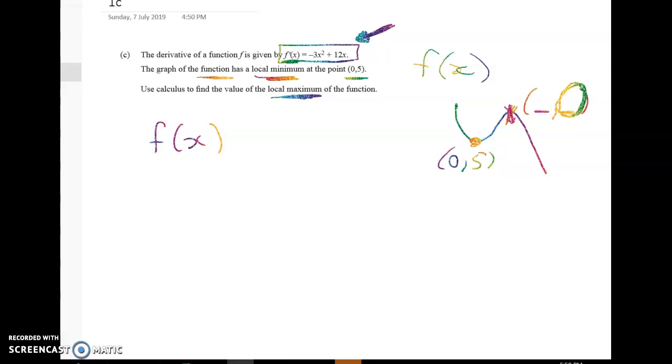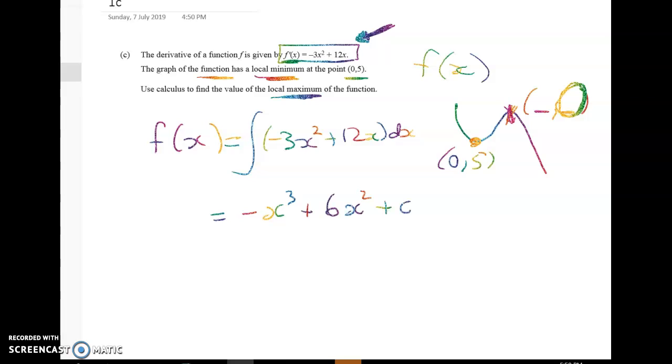Let's start off by asking, how do I go backwards? We're differentiating backwards, and we do that using this lovely integral sign. If you're watching this and you haven't done this yet, don't freak out. All we're doing is working backwards from the gradient function to the original function. That gives me negative x cubed plus 6x squared plus some constant.